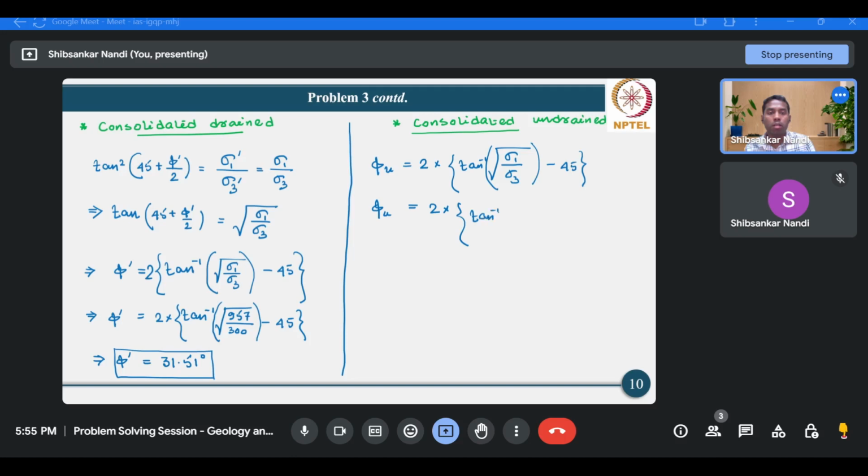So it's 452 for sigma 1 and 200 for sigma 3, minus 45. If we calculate, then the value is 22.74 degrees.